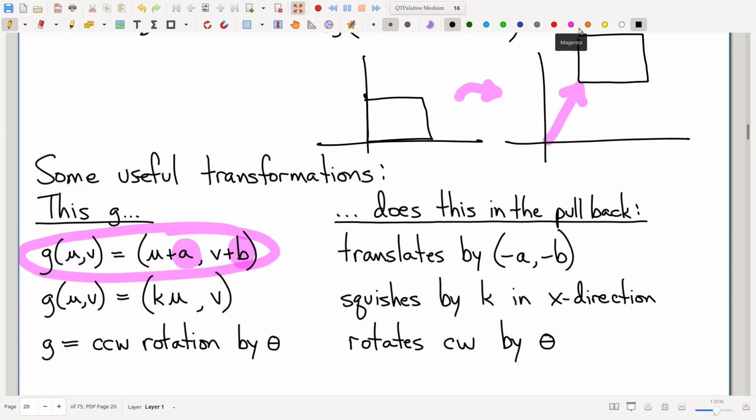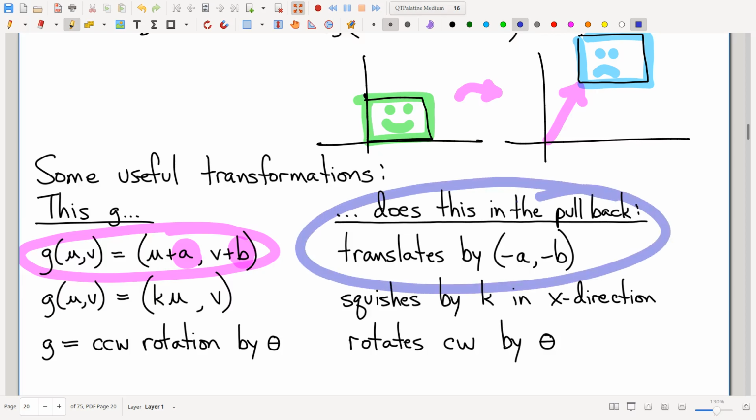How will we use this in practice? Well, in practice, we're going to start by having this domain over here on the right and not being happy about it and trying to figure out what am I going to do about this. And I'm thinking, well, wouldn't it be nice if, and then I pick this change of variables function, and what it will do is turn this domain that I started with into, by pulling backwards, this domain that, let's say, I like better for whatever reason, and effectively then, in the pullback, what this does is it translates backwards.